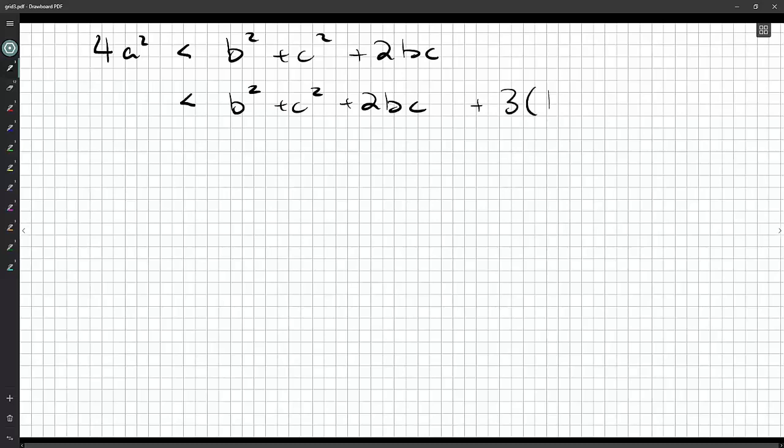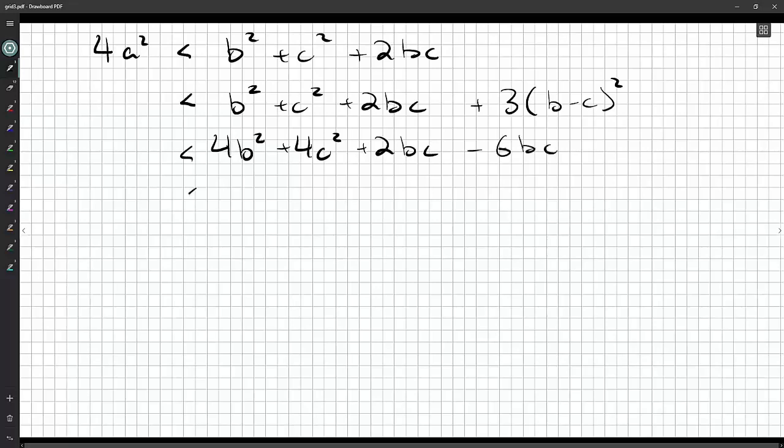So what if we used the 3 minus bc squared? That would get me, before I was using 3 to cancel out the 4 and turn it into a 1. Now I'm using 3 to, I guess, add on and make these 4s. 2bc, and it would be minus 3 times, so minus 6bc.